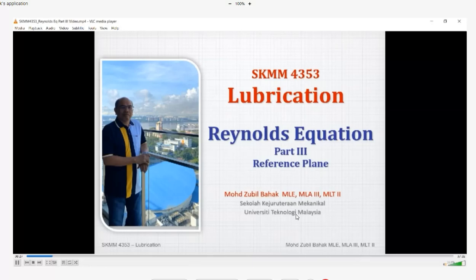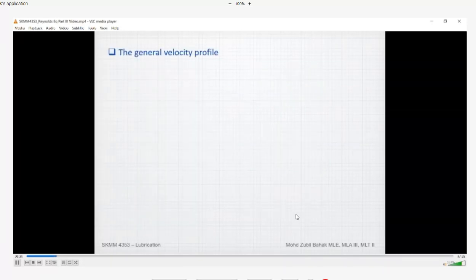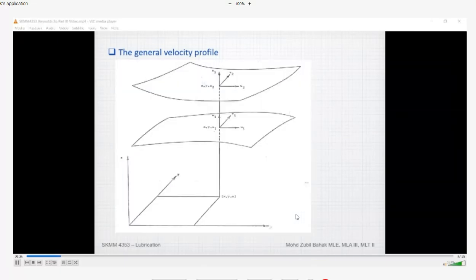In part 2, we derived the general velocity profile for two arbitrary surfaces of x, y, z1 and x, y, z2 as shown in the figure here.